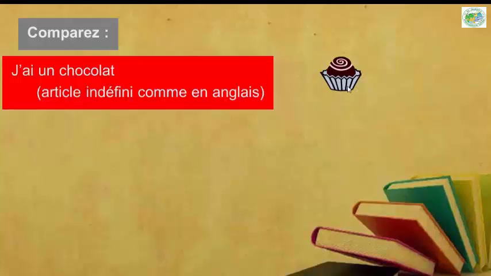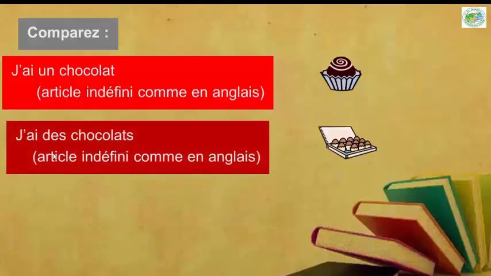Okay, you see, it's one piece of chocolate. So when you say j'ai un chocolat, I have a piece of chocolate, because you can count it. And here you have a lot, so you're going to say j'ai des chocolats, because you have many. Article indéfini comme en anglais. So if you want to translate the first one, I have one chocolate or one piece of chocolate. J'ai des chocolats. I have some chocolates.